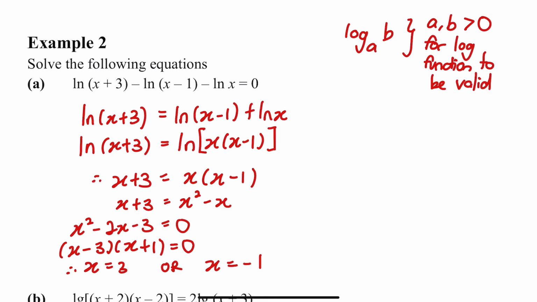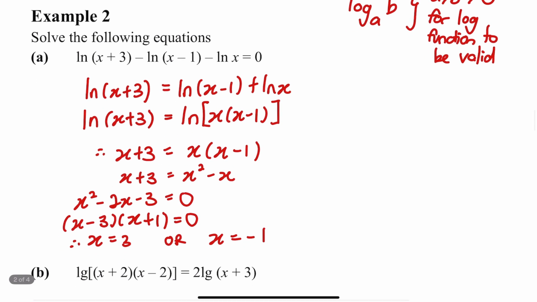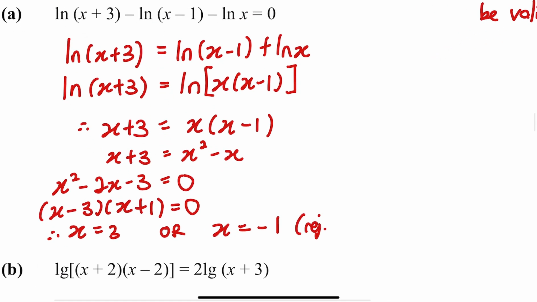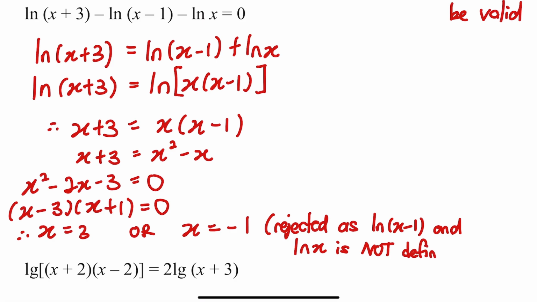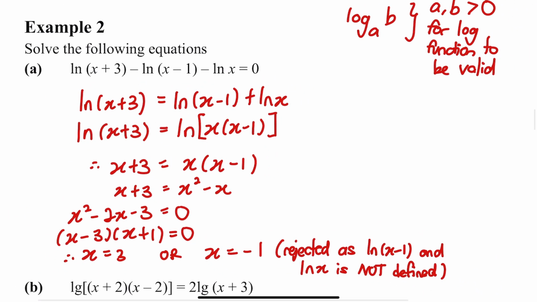Therefore, in this case, since x minus 1 cannot be negative 2, it is rejected, as ln of x minus 1 and ln x are not defined when x is equal to negative 1. So from here, this is how I get the solution to example 2 part A.